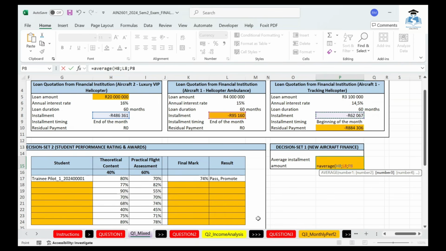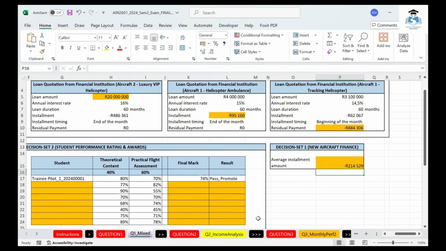Yes, that's the average. Then we are done. That was the average installment amount.